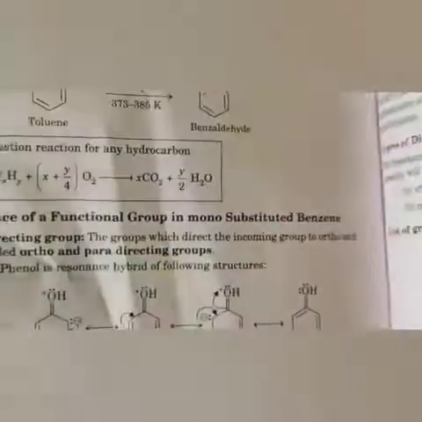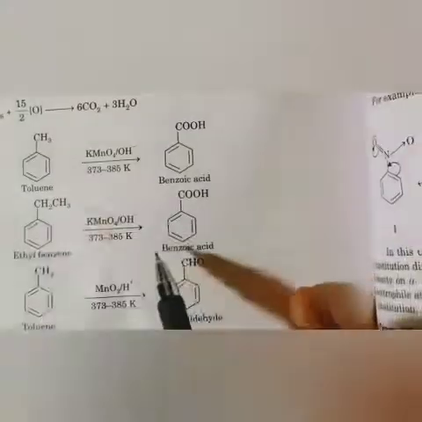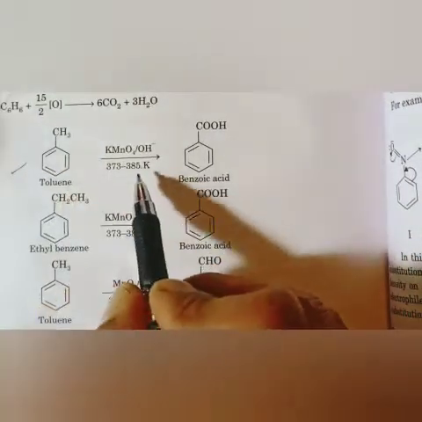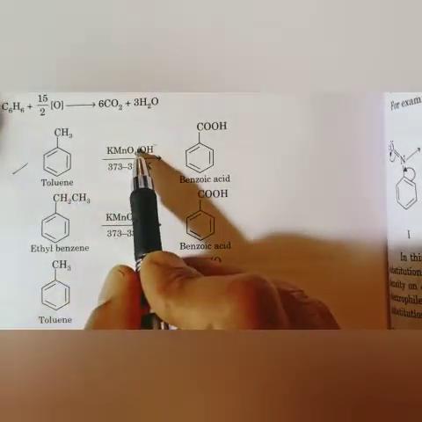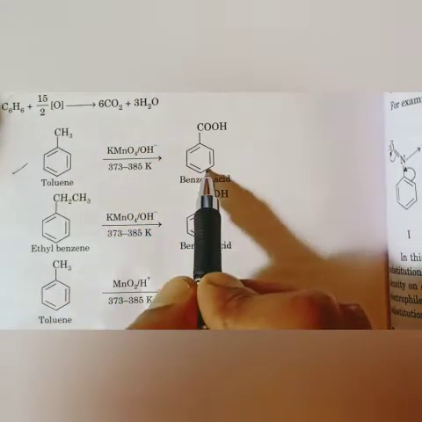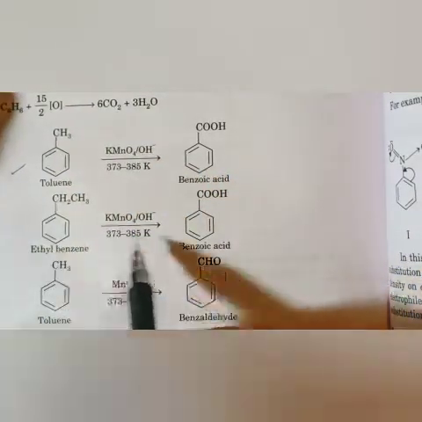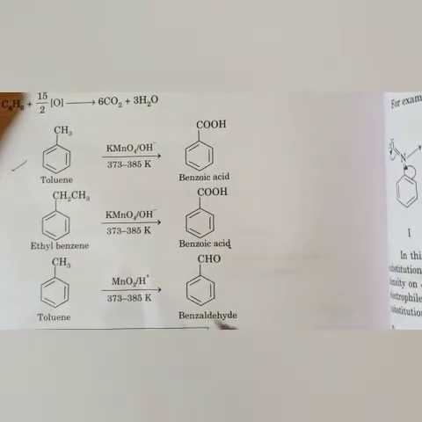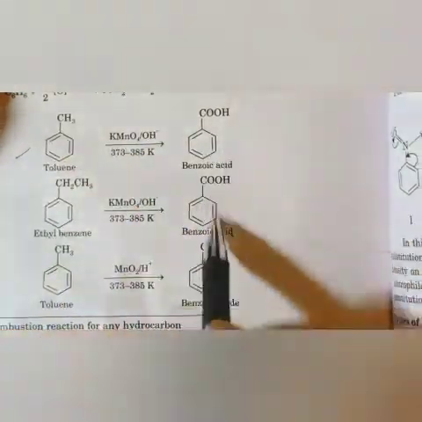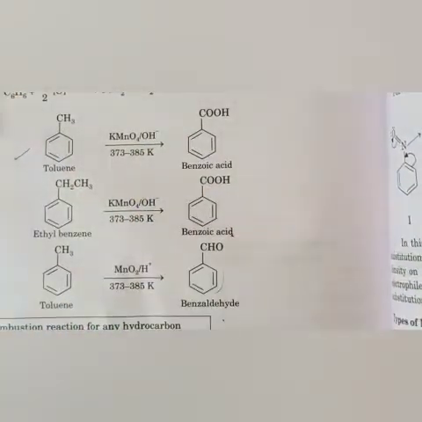And one of the important reactions is this: when toluene, a compound of benzene, reacts with KMnO4 and OH, it will change into benzoic acid. Ethyl benzene will change into benzoic acid, and toluene will change into benzaldehyde. So take a screenshot of this, and this conversion also you need to learn, dear students.